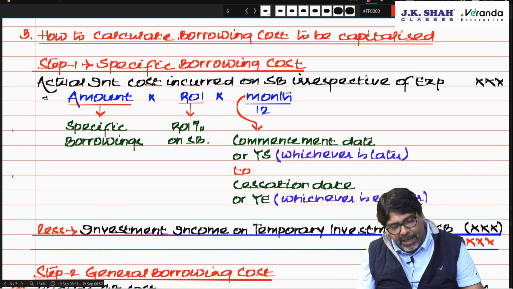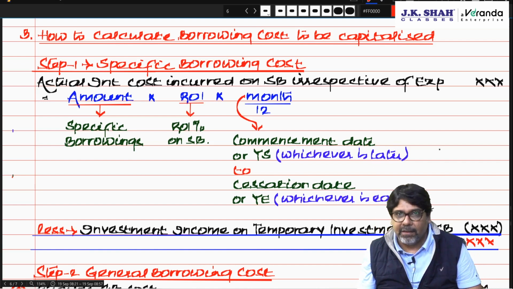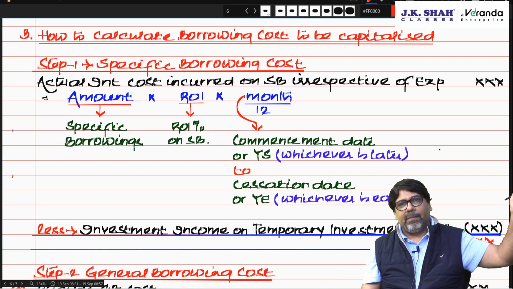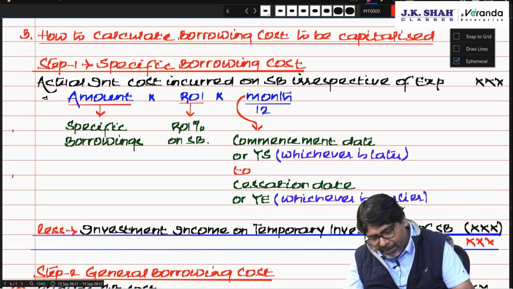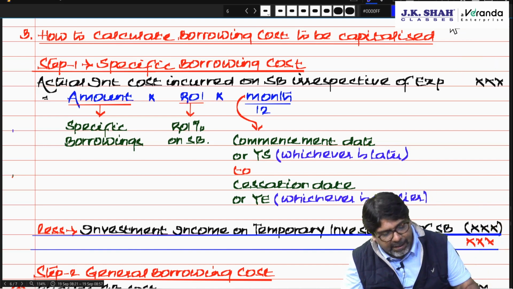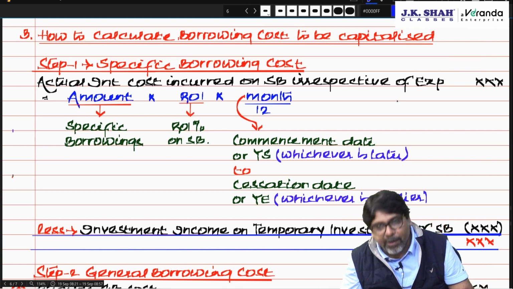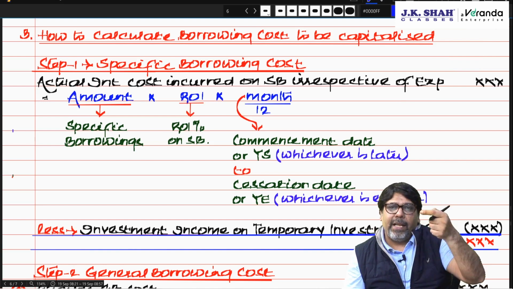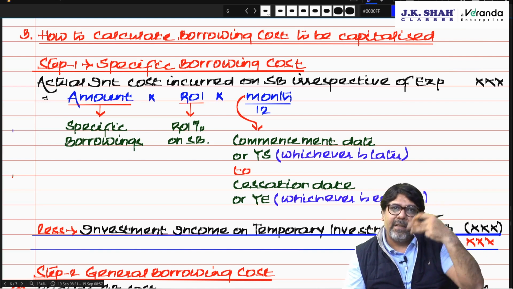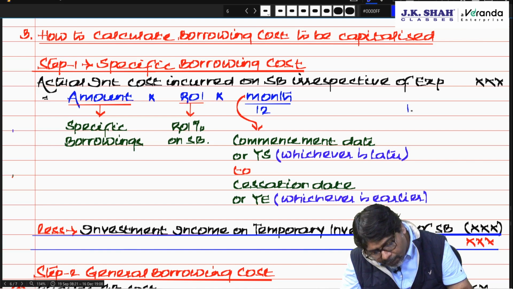So the commencement date or year starting, whichever is later. Your commencement date is last year. You had taken a loan. You remember whichever is later? Loan taken, construction started, expenses incurred, whichever is later was 1st June 1990.